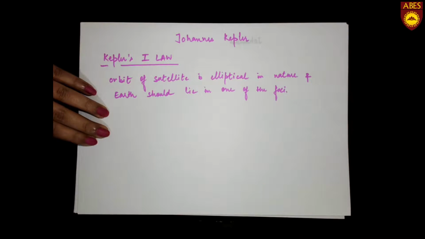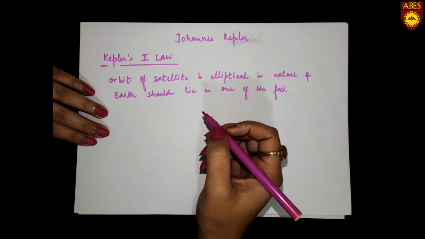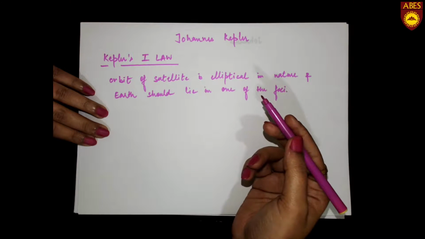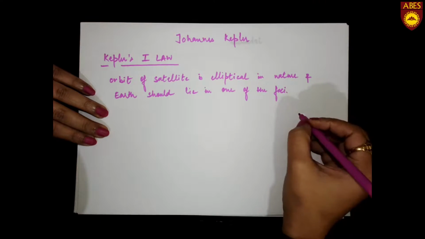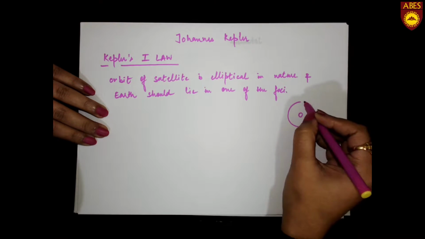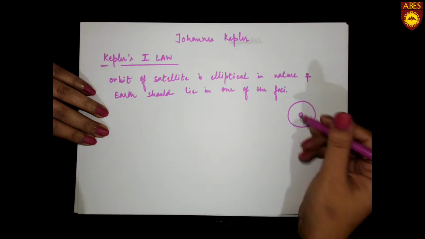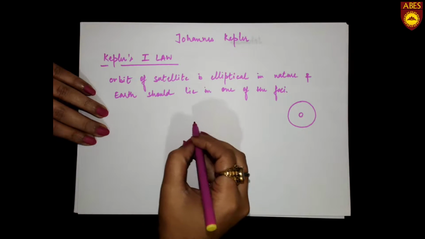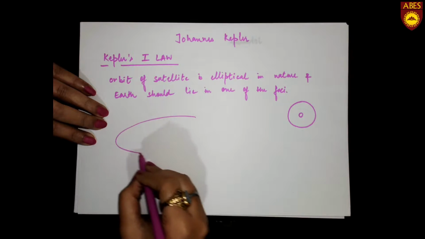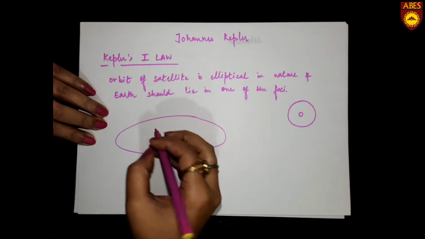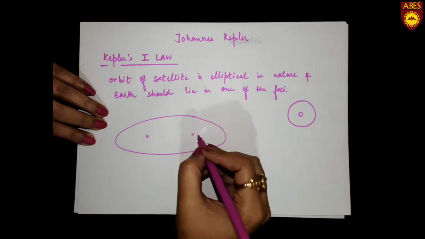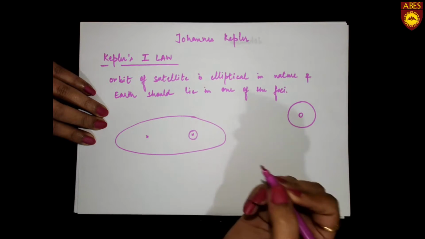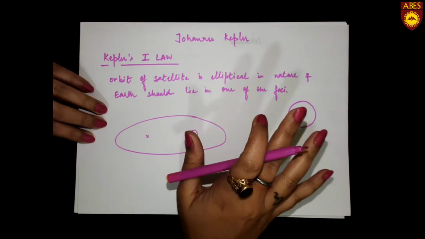Before this, it was an illusion that satellites revolve around the Earth in a circular orbit. Means if this is Earth, then it was the illusion that they used to revolve in a circular orbit. But Kepler made it very clear that the revolution locus is an ellipse and of the two foci, Earth should be placed on one of the focus.